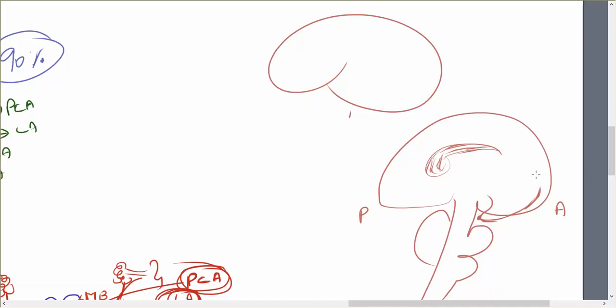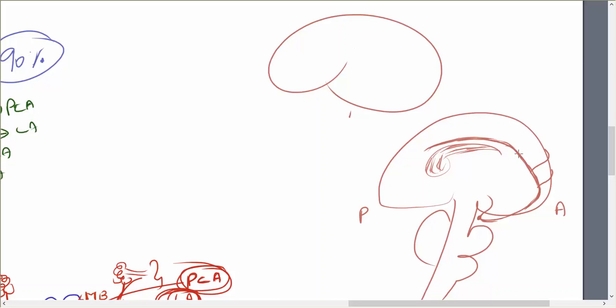This anterior circulation goes inside in between the lobes, and they surround the corpus callosum, and they give branches to the interior part of the cerebrum like this, and these branches come outside like this.